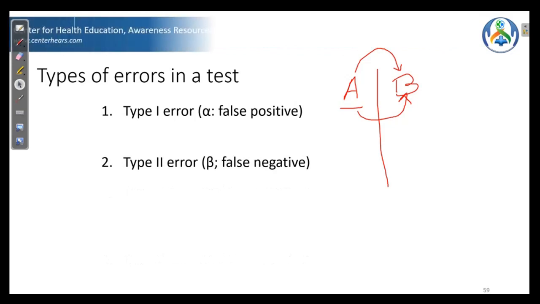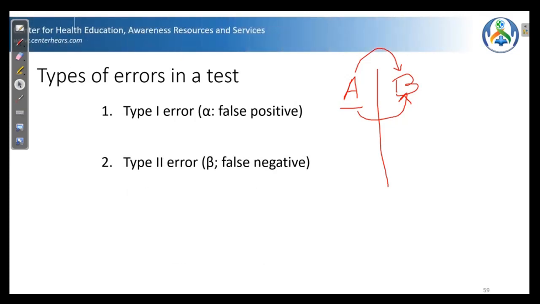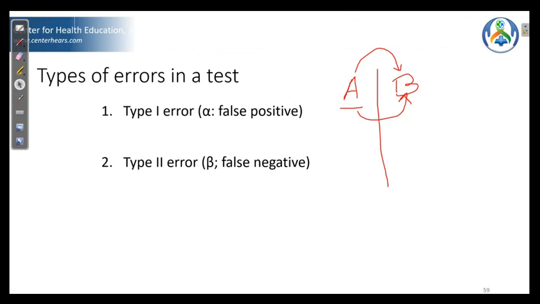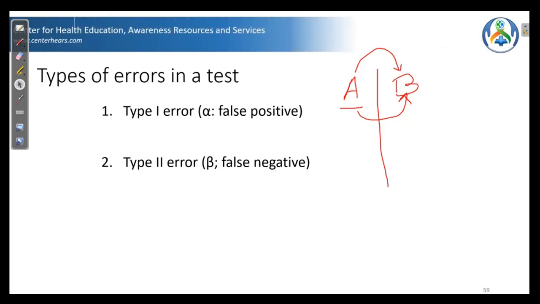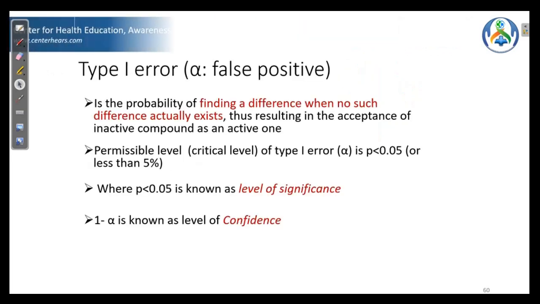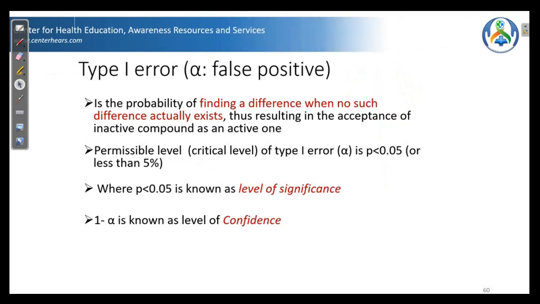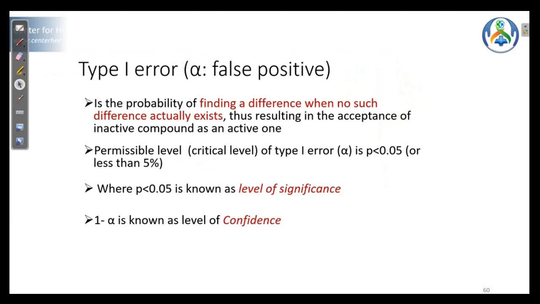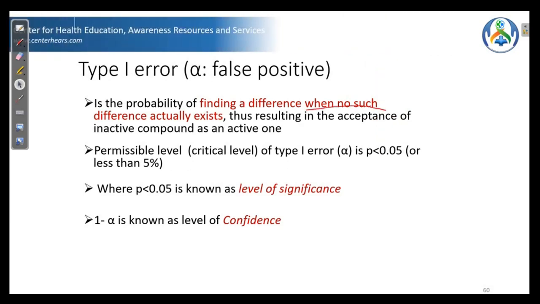It means there is a significant difference or a relation between these two factors, but in our study our test will say that there is not. So type 1 error is the probability of finding a difference when no such difference actually exists.